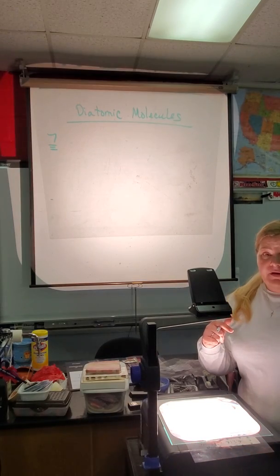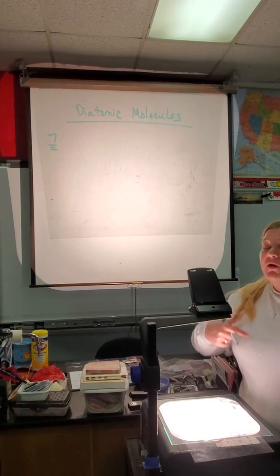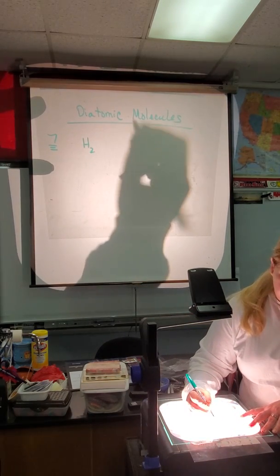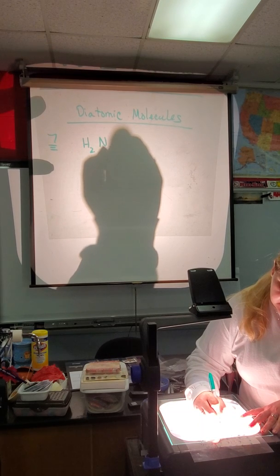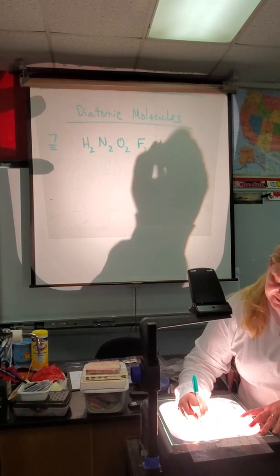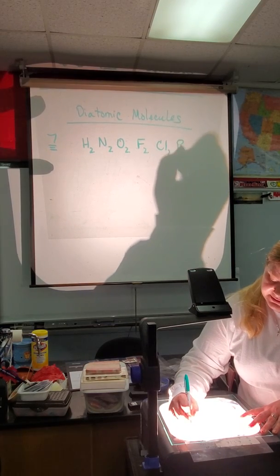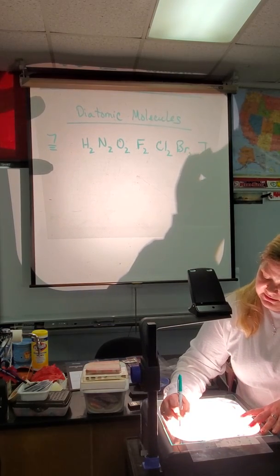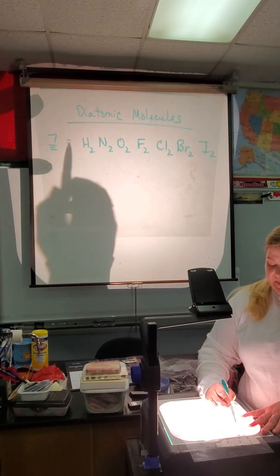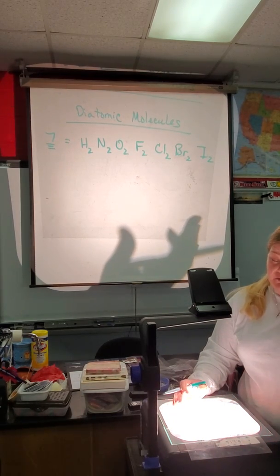Remember, as you do in class, if I write it down, you write it down. You have hydrogen, nitrogen, oxygen, fluorine, chlorine, bromine, iodine. 1, 2, 3, 4, 5, 6, 7. There are 7 diatomic molecules.